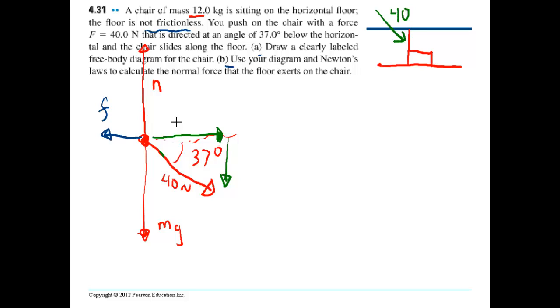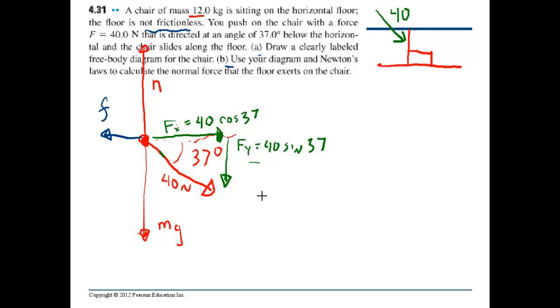So over here I have my force in the x direction, and that's going to be 40 multiplied by the cosine of 37, and in the y direction it's going to be 40 multiplied by the sine of 37.